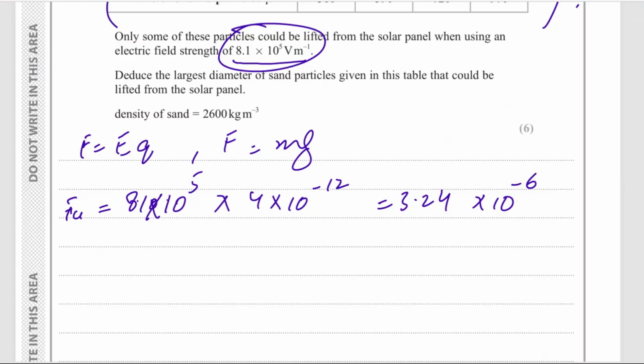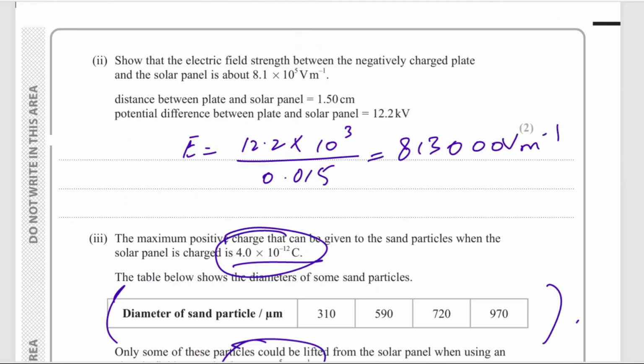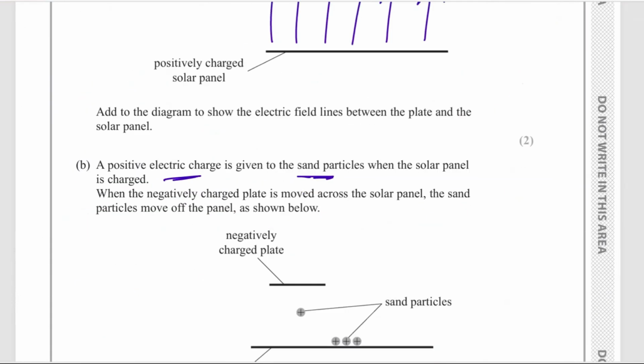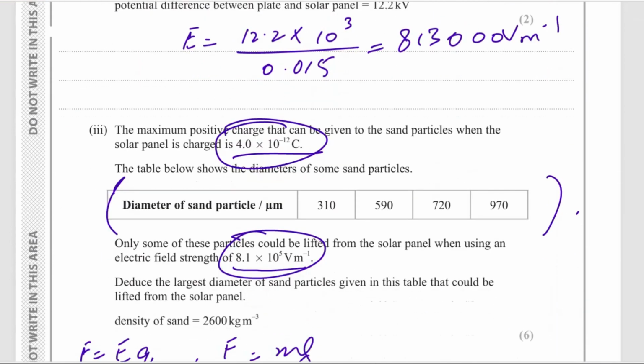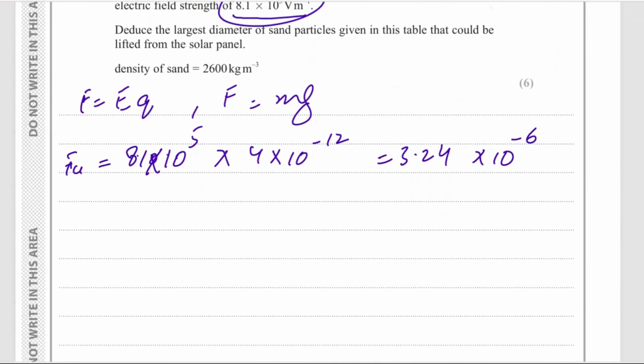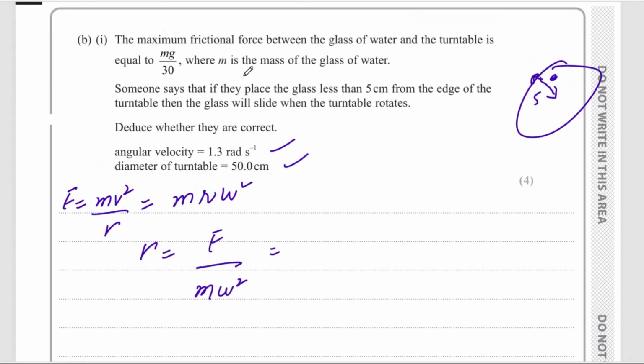Now I've got the weight, right? If I'm talking about the weight, you can already see that the condition has been given in the question, and that is going to be mg upon 30, right?